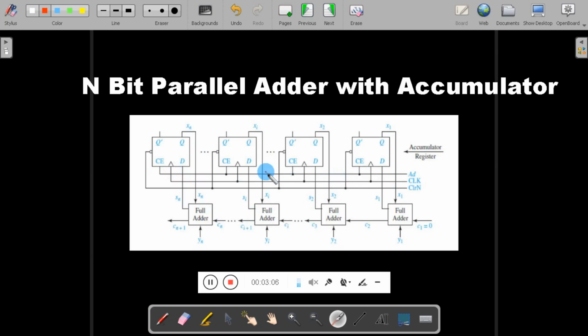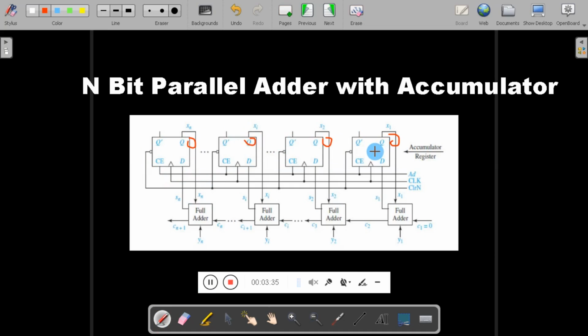Before the addition can take place, the accumulator must be loaded with some number. So initially we can load the accumulator with 0, 0, 0, 0. In order to make the output of the accumulator 0, 0, 0, 0, we are using the asynchronous clear signal. By using the asynchronous clear signal, you can make the output of the accumulator 0, 0, 0, 0.